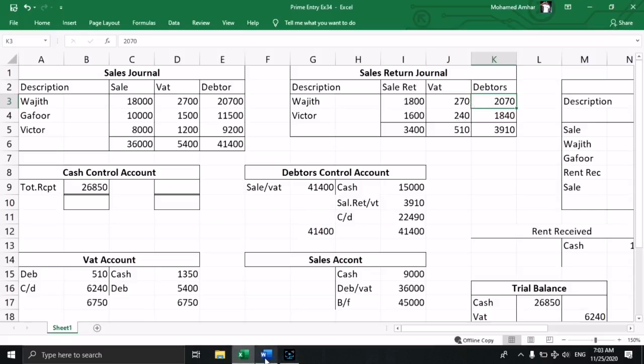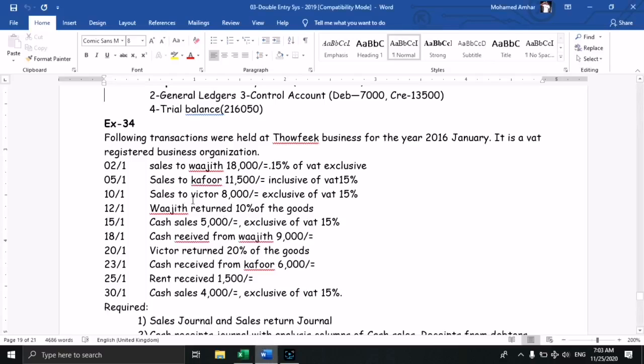Right. Now go to the question again, and the date is 15. Cash sales 5,000 exclusive of VAT 15%. So exclusive of VAT means this 5,000 does not include the VAT. So you have to calculate 15% of 5,000 and record it in the cash receipt journal, because this is cash sales, no?